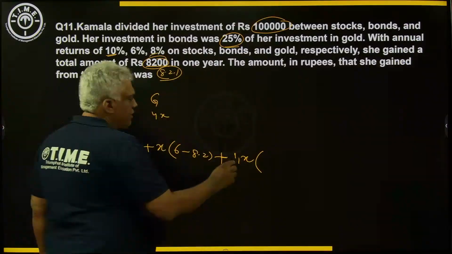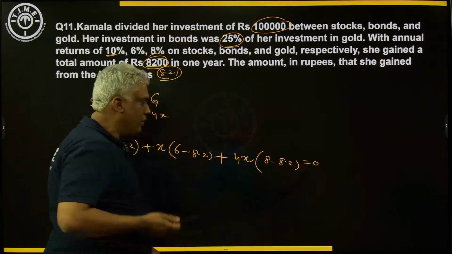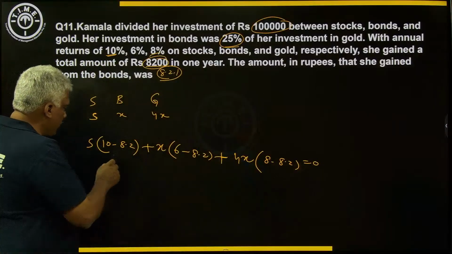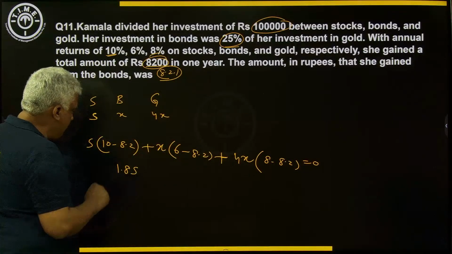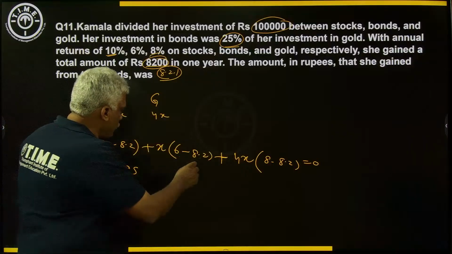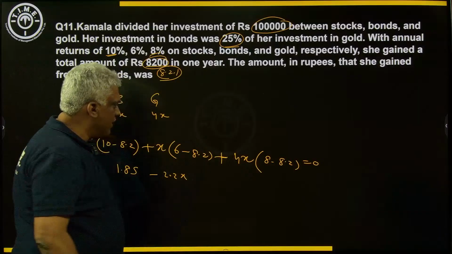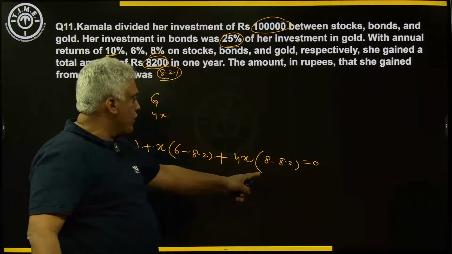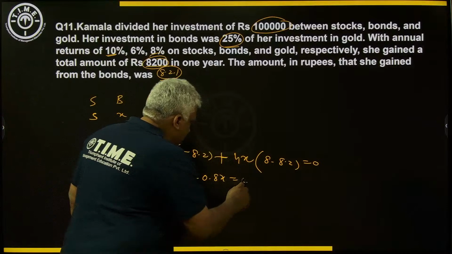So 8 minus 8.2, and that should be 0, right? Now it will be 10 minus 8.2, that is 1.8s, right? And this will be what? 2.2, right? This minus 2.2x, and this will be minus 0.2 into 4, minus 0.8x, right? That is equal to 0.